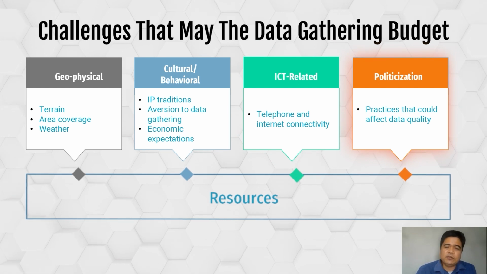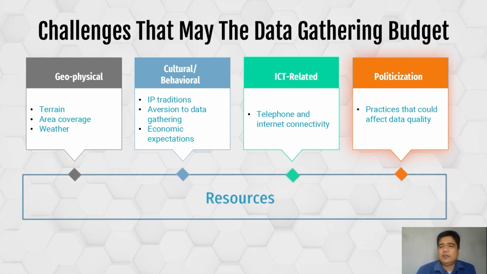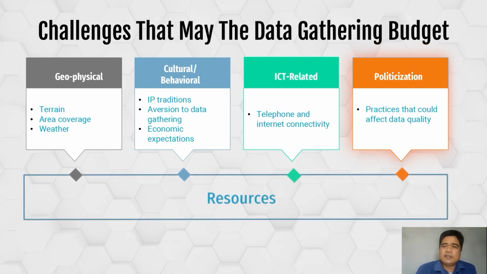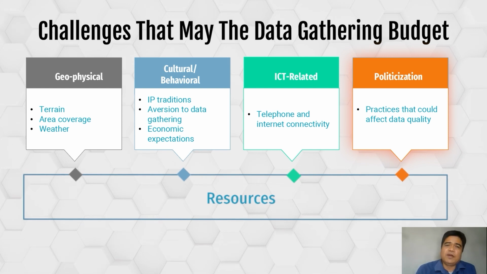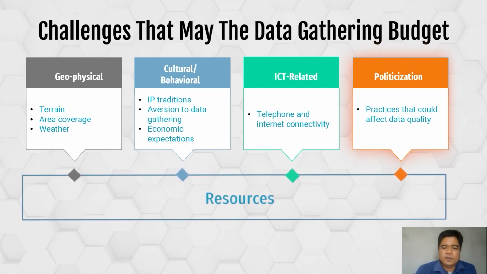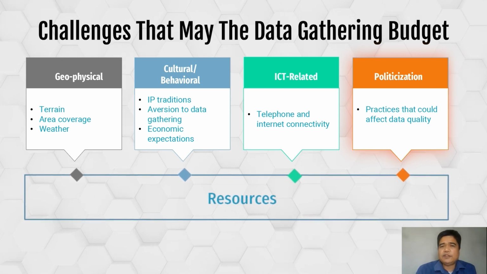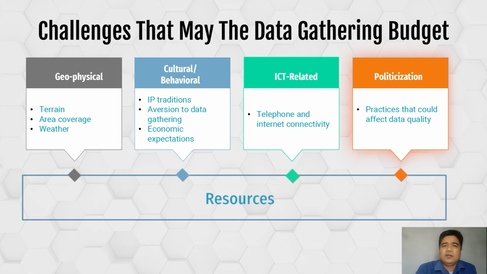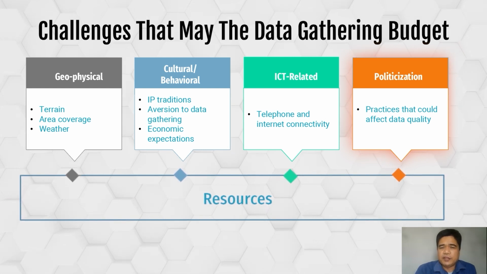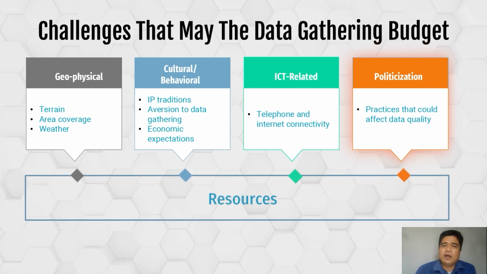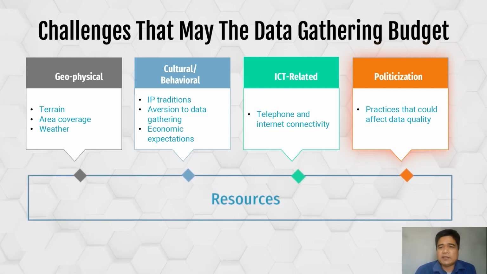Lastly, is politicization, and these include practices that could affect data quality, such as the being apple of the politicians. And of course, there are cases when data gathering partners are politically biased.